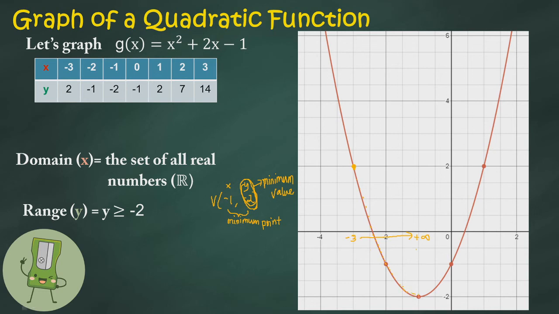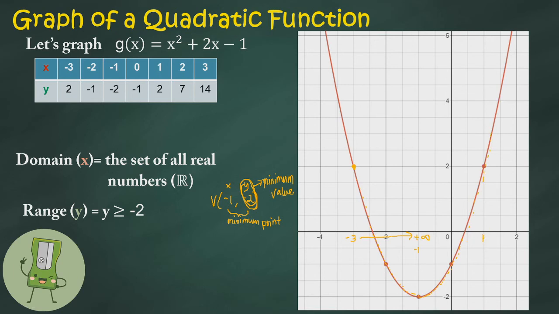Now, at this point, -1, instead of going down further, hindi na siya bumaba yung value ng y natin. Instead, it goes up again. So, if we're going to increase our x, pataas ng pataas yung values ng y.